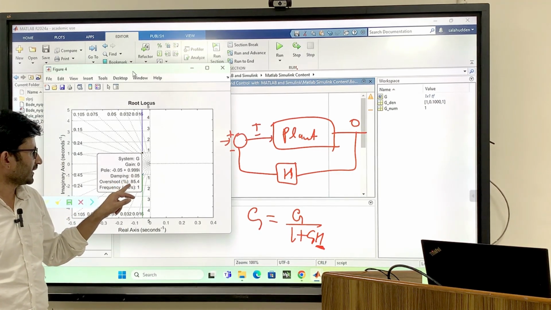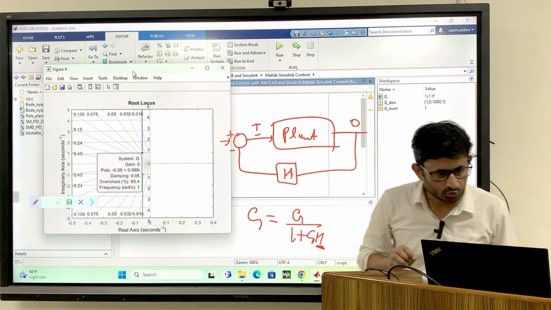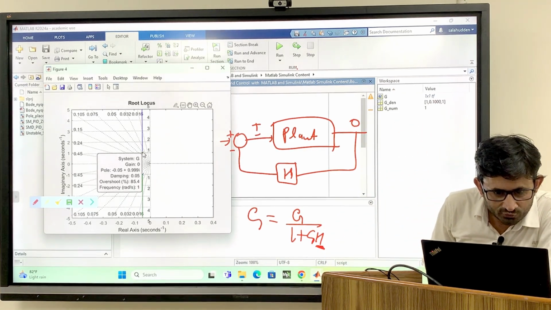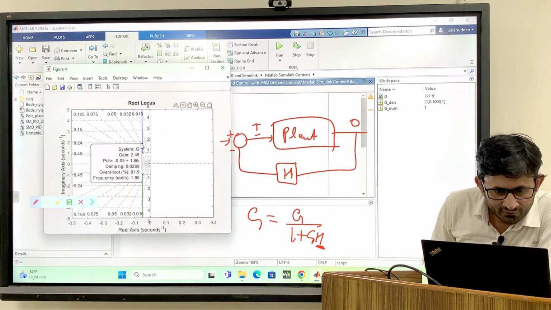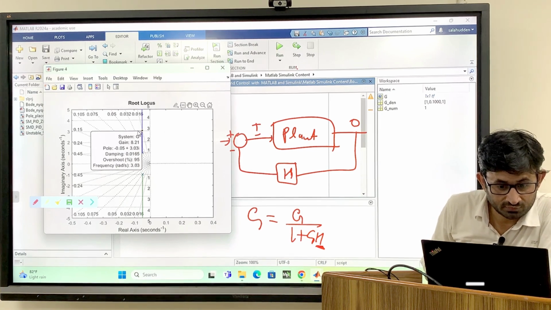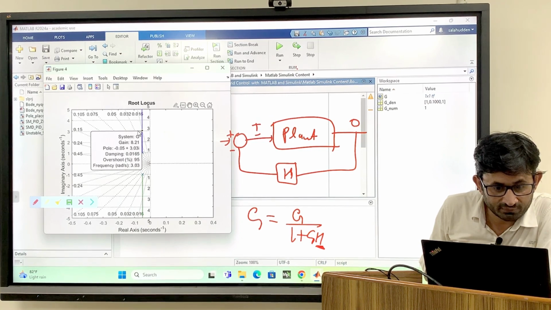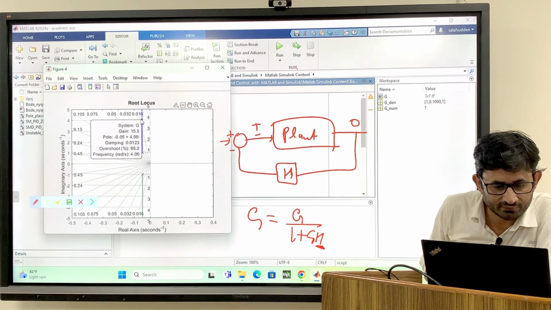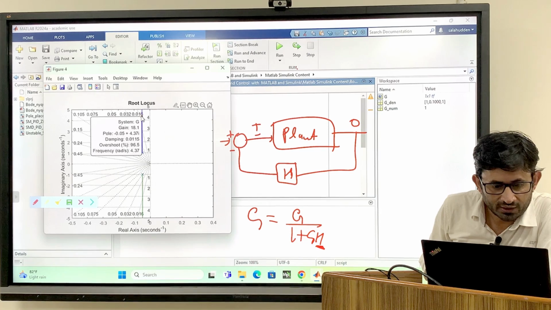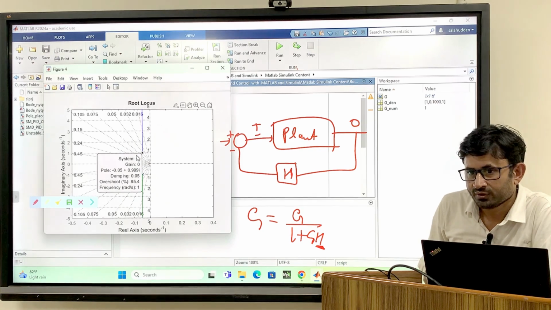But see the overshoot, 85.4, a large overshoot. Now what you will do is take this cursor here and go in the upward direction. When you increase the gain, you are able to change the overshoot and damping, but as long as you keep increasing the gain more and more, you are actually making the system more oscillatory here.